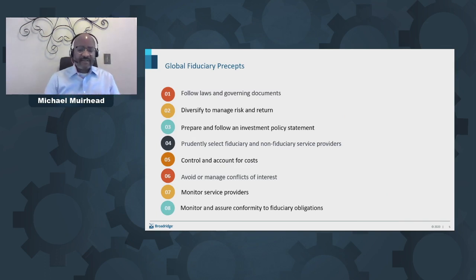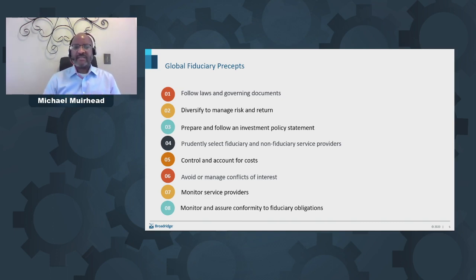Across the various laws and regulations that I just discussed, there are principles or precepts in common that are really at the heart of prudent investment management. These principles are consistent with other parts of the world where they have legislation around investment practices.